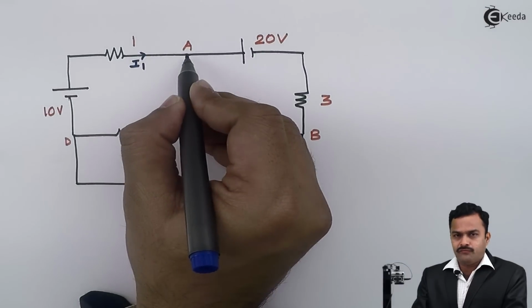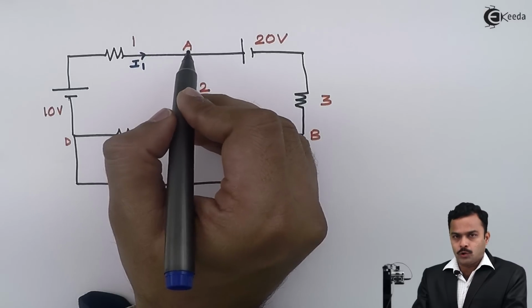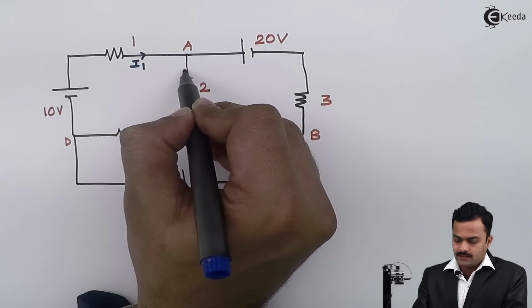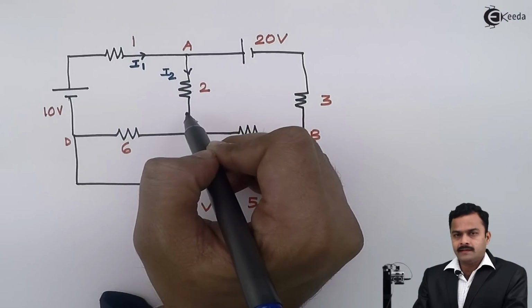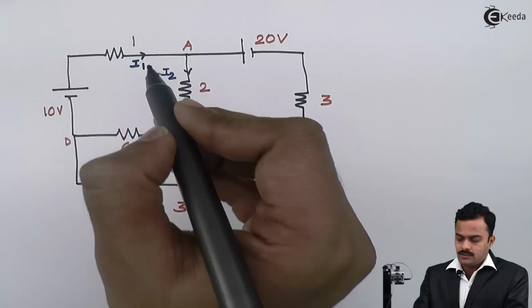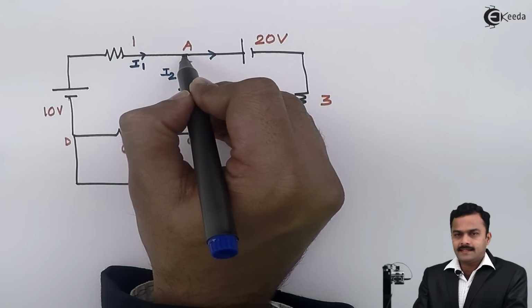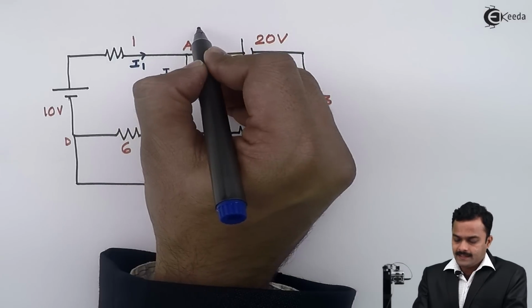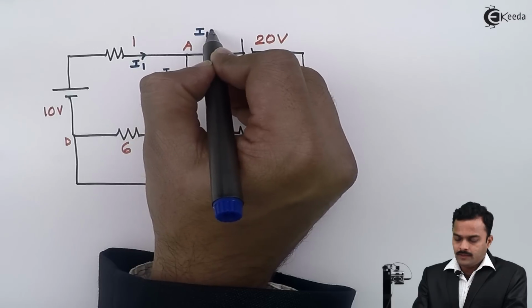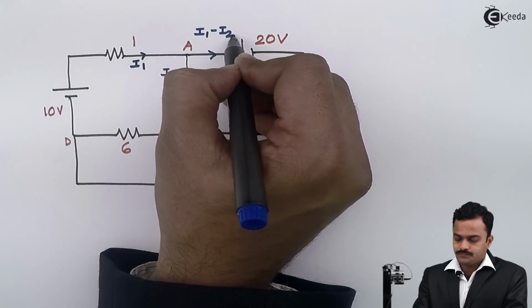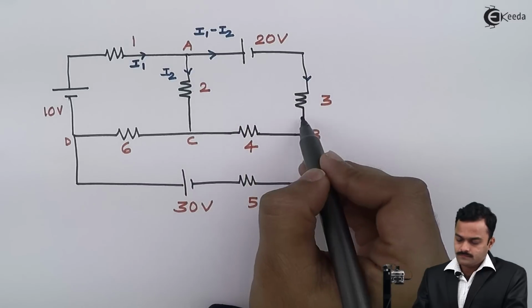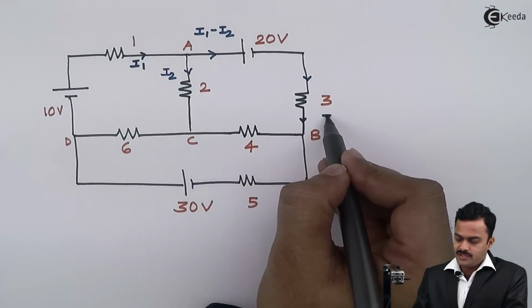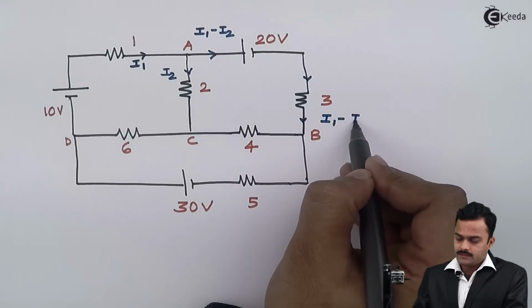Out of this I1, which is the incoming current for node A, I will consider some of the current is outgoing in this 2 ohm resistance. So obviously KCL at A, I will get I1 minus I2. Same will be the current flowing through the 3 ohm. So here I will mention I1 minus I2.